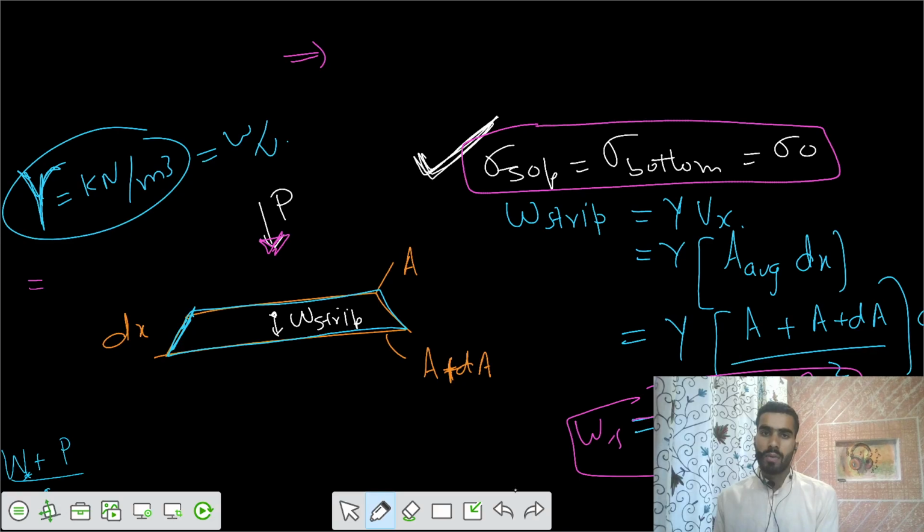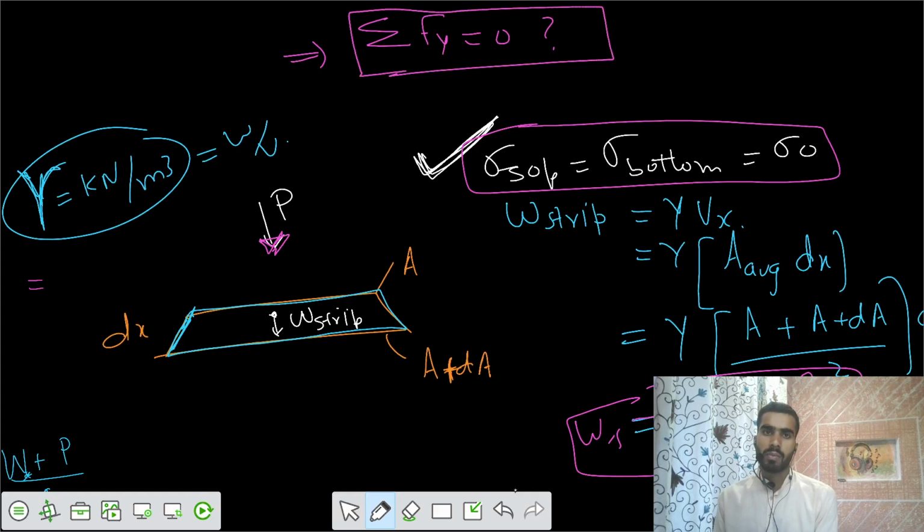Now if I apply the force equilibrium in y direction, because the structure has to remain in equilibrium, if I apply summation of Fy equals 0, what is the force at the top for this strip?